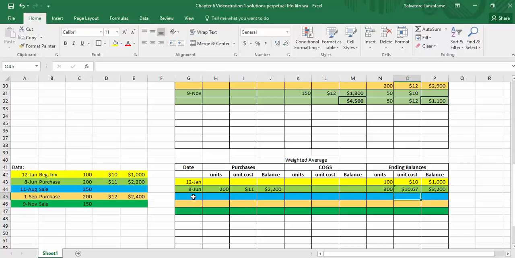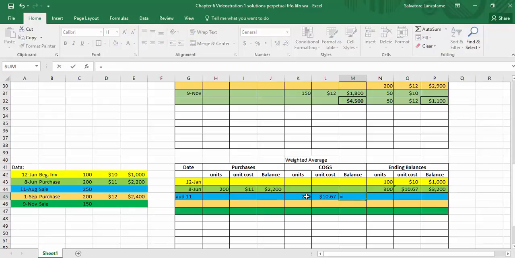So now we are selling. It's August 11th, and we are selling 250. How much are these 250 costing us? It's costing us this 10.67. Don't just type 10.67 because 10.67 is rounded. So literally click on the cell and Excel is going to use the original unrounded answer in the multiplication.